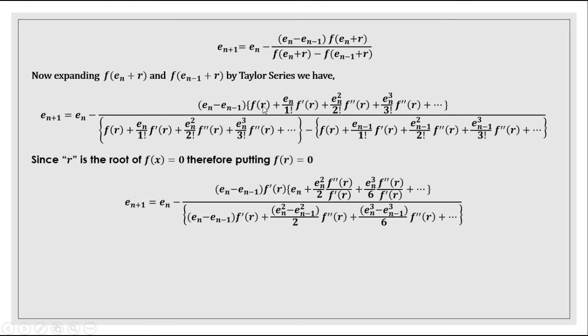When you substitute f of r is equal to 0 and take f prime of r common, we will get en. And as well, the 3 factorial is 3 cross 2, the 4 factorial is 4 cross 3 cross 2 cross 1.